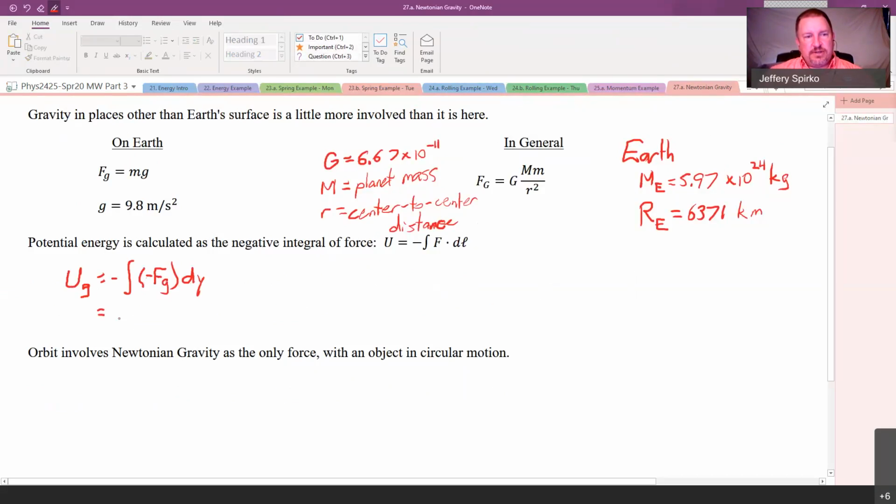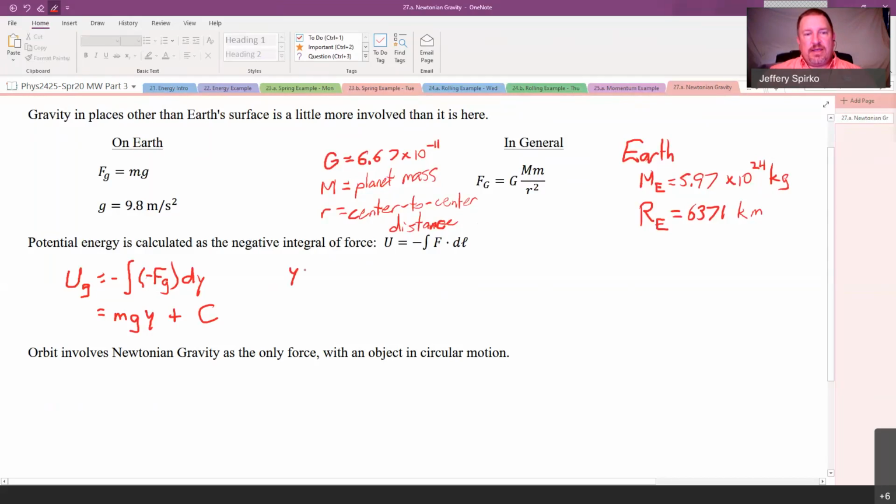And that turns into mgy plus c. And the way we get rid of the plus c so we don't have to deal with it is we just say, well, we can set y equals 0 wherever we want. So we'll just set c equals 0 and set y equals 0 at maybe the floor of the laboratory or the tabletop or whatever point is convenient for our analysis.